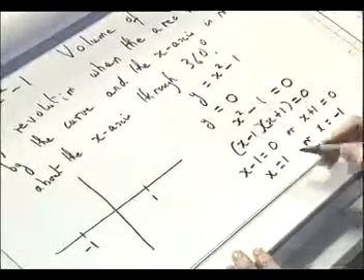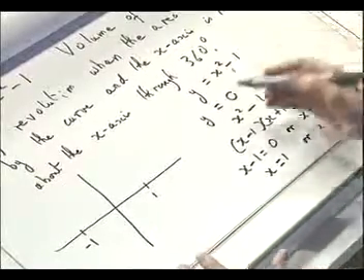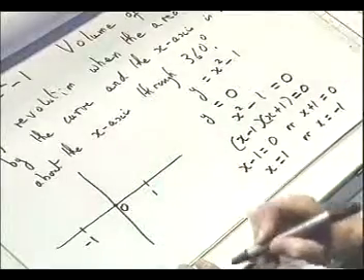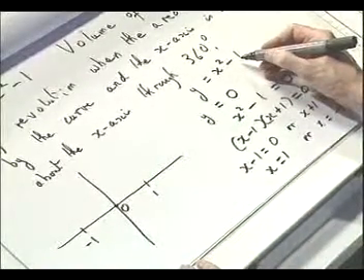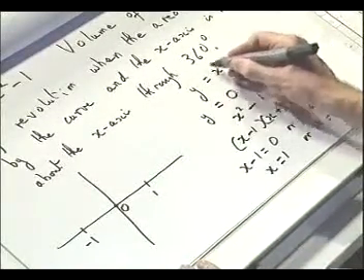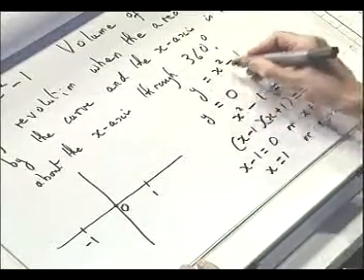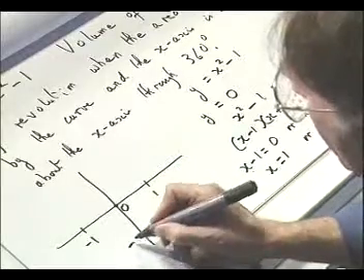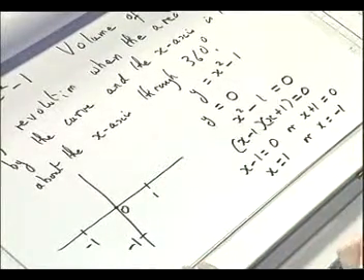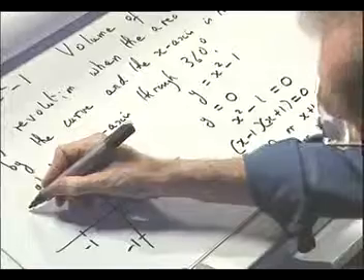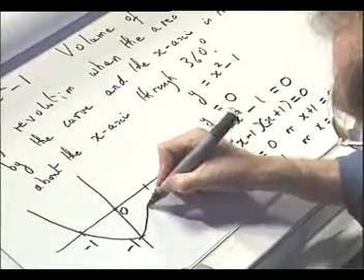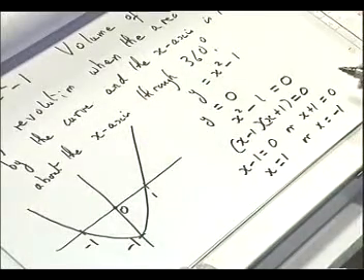What else do we know about this? Well, what if we set x is equal to 0? What if we investigate what happens when x is 0? Well, straight away we can see when x is 0, y is equal to minus 1. So the curve's down there. So we can tell now that the curve must look something like that.